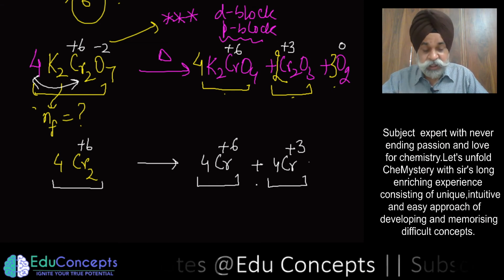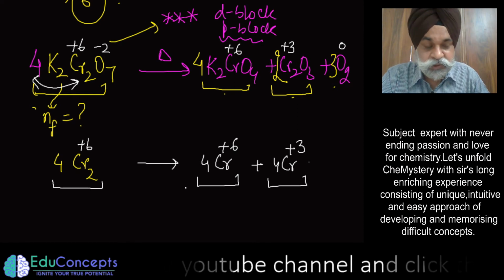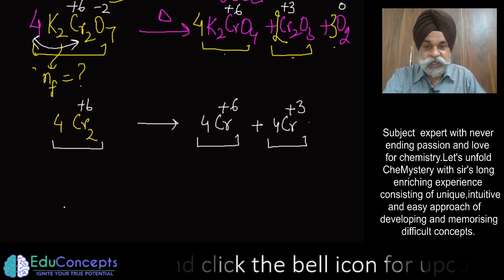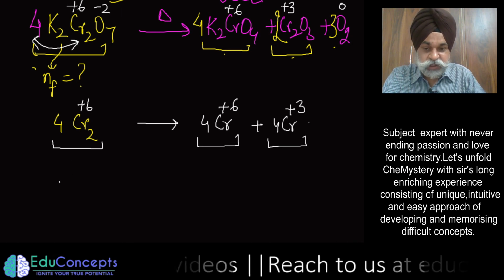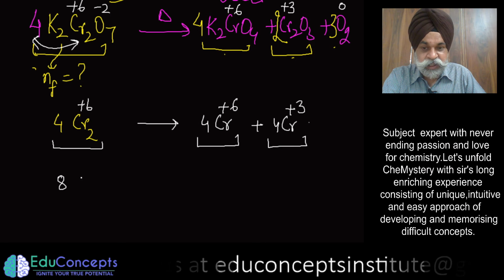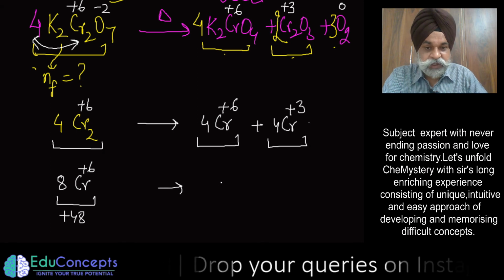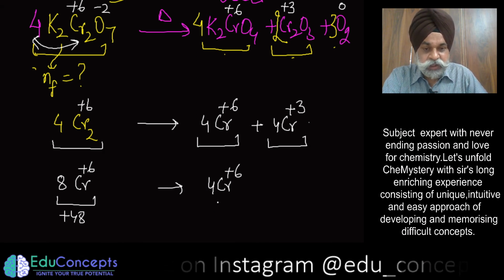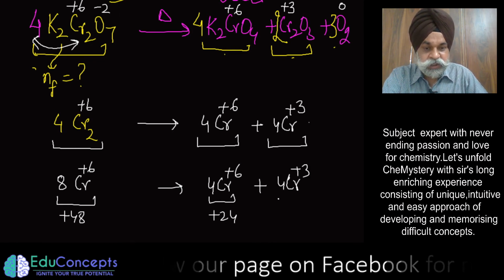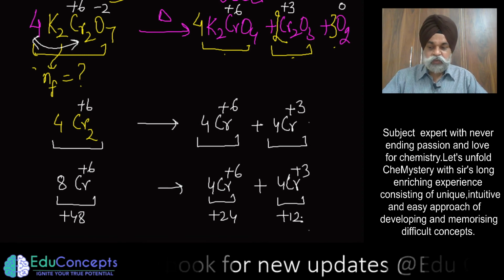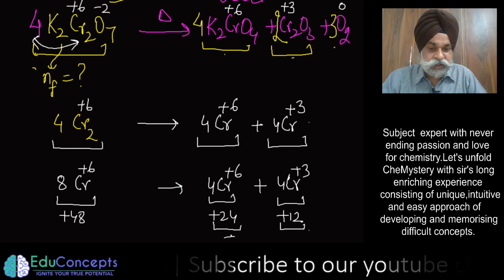So this in a way refers to case 2. Those who are new and seeing it for the first time, just refer to the video. If I break this out, there are 8 chromium of +6, so the charge here is +48, which goes to chromium with these 4 at +24, and this is +3, so this is +12. So now 24 plus 12 is +36.